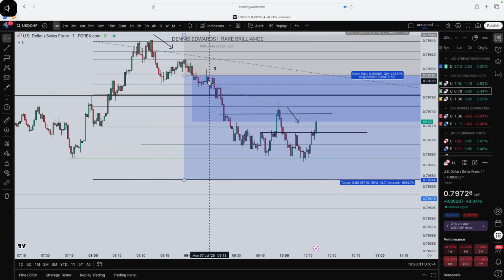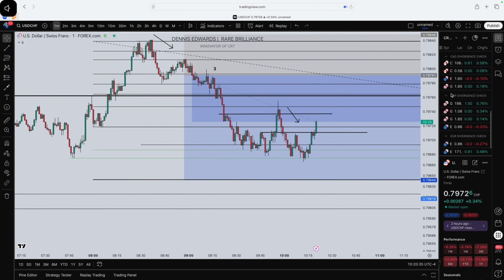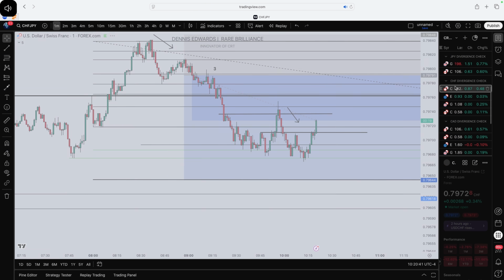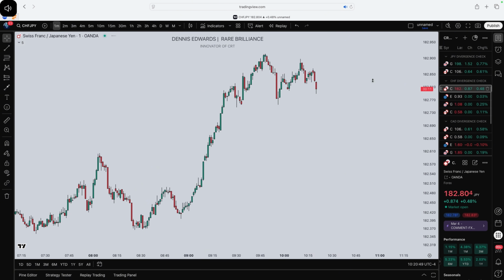This looks like that's going to potentially be me getting stopped in profit here, because I got to also keep in mind that the divergences also were not in my favor for today. CHF is starting to get weaker here. It's getting weaker here.